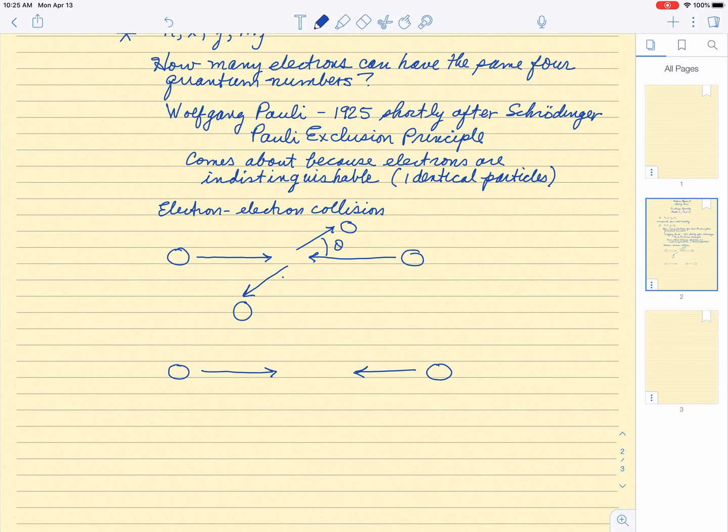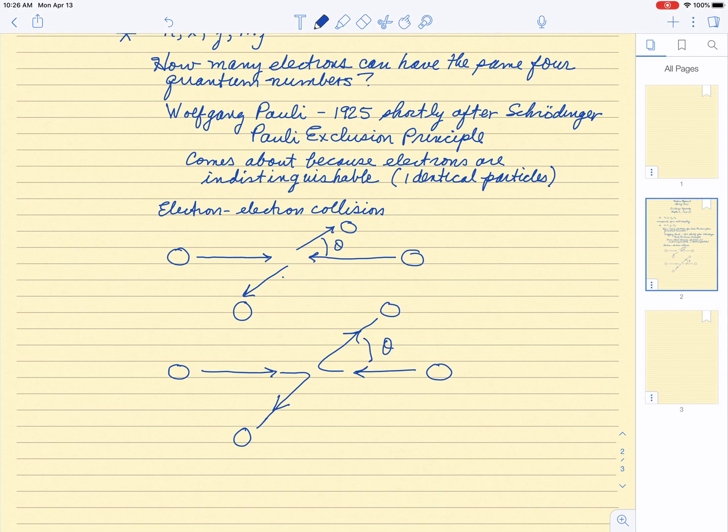And what might very well happen is that this electron might actually veer off in this direction, and this electron might veer off in this direction. And the bottom line is that we can't tell for sure which one of these events actually took place.